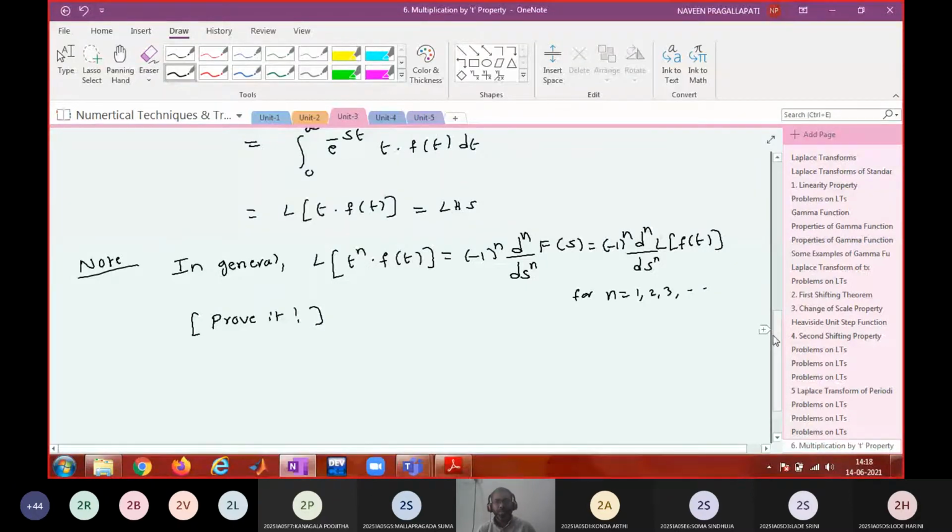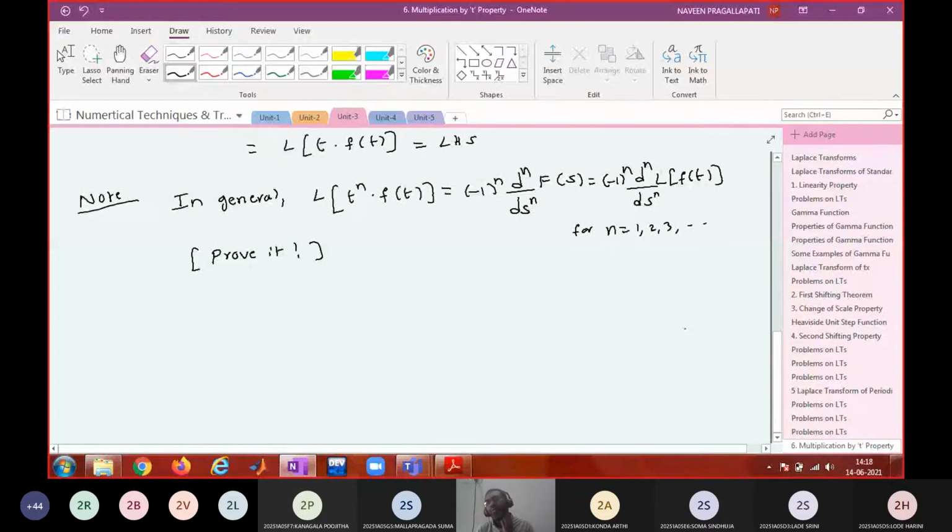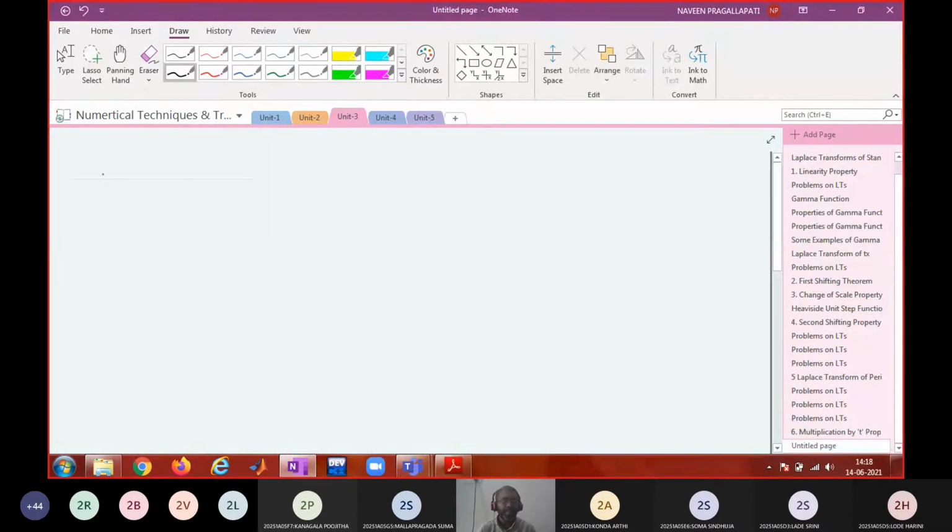Now using this property, we will be deducing some more standard Laplace transforms. Shall I go to the next page? Yes, sir. Find Laplace transform of the following functions.